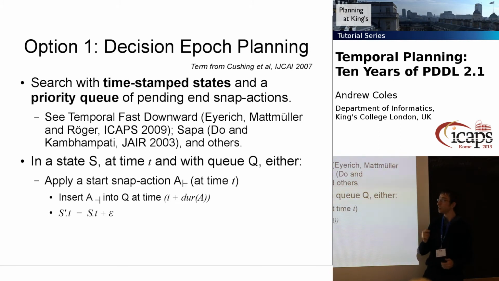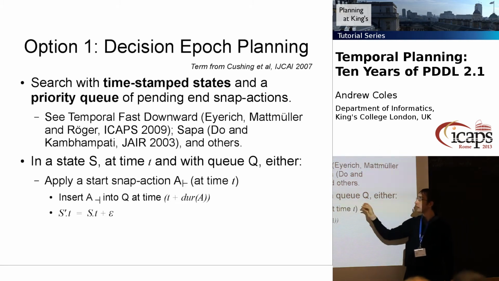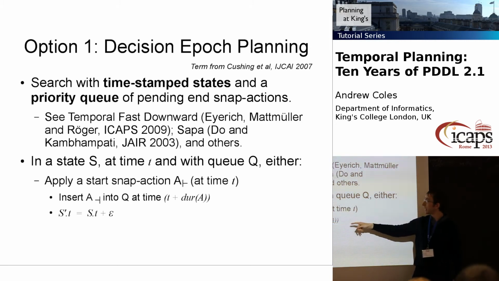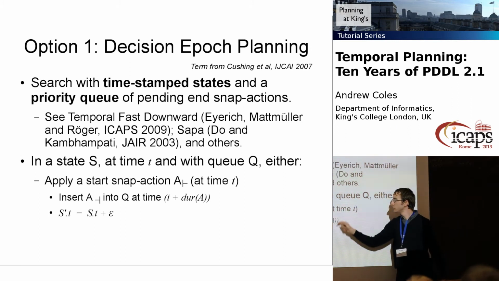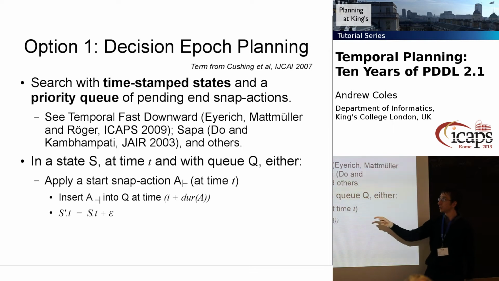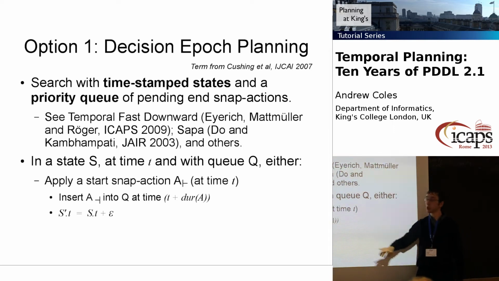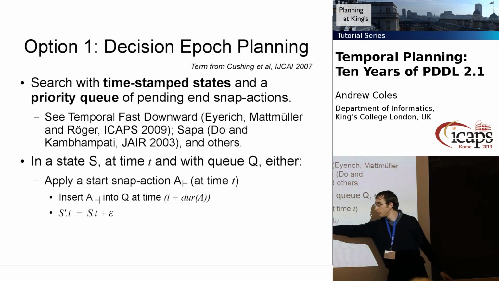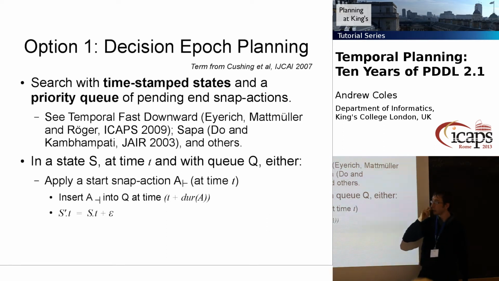Either we start a new action, which would go at time t, and we insert the corresponding end of that action into our priority queue at time t plus the duration of the action. That's another place where it's a simplification, because it assumes that the duration of the action is fixed, which isn't necessarily the case. And we wind forwards the time elapsed in the state, so S prime has time t plus epsilon.